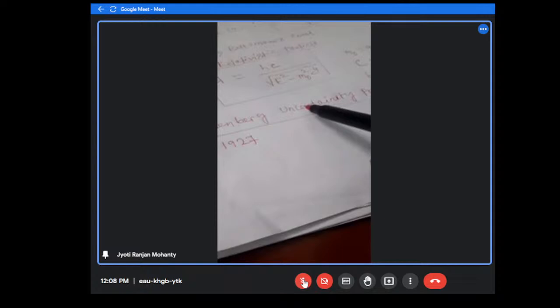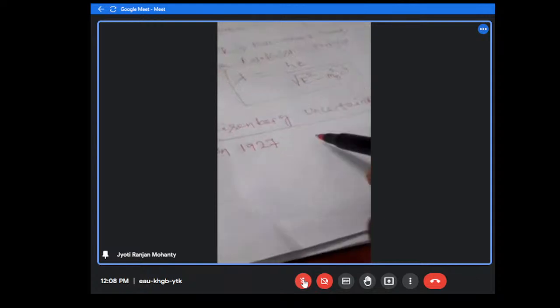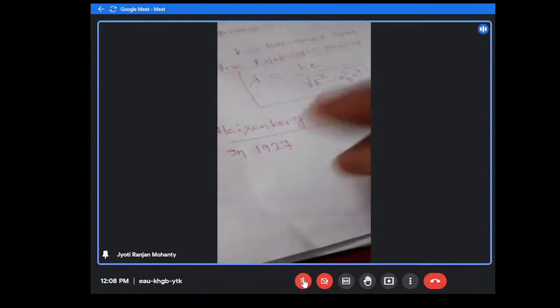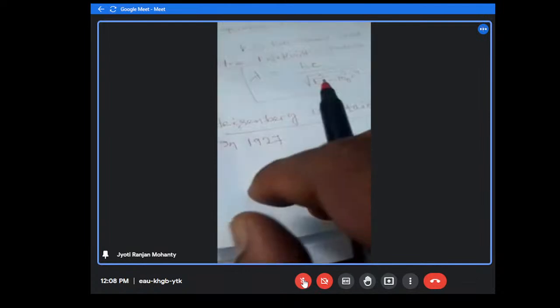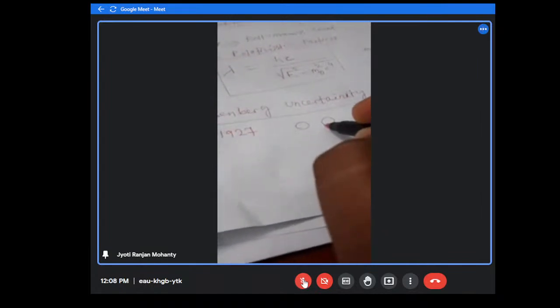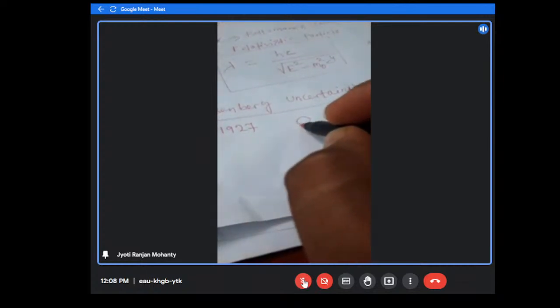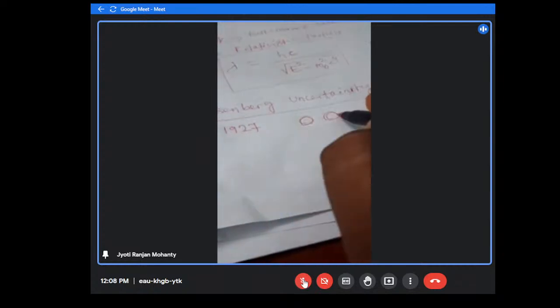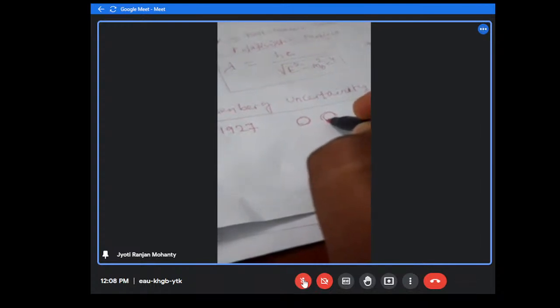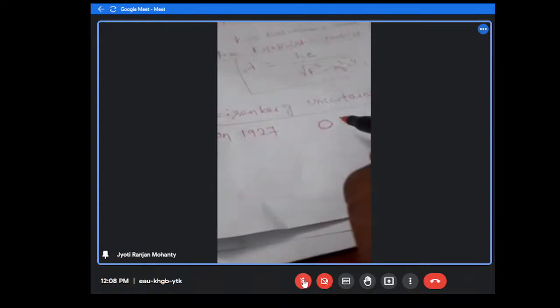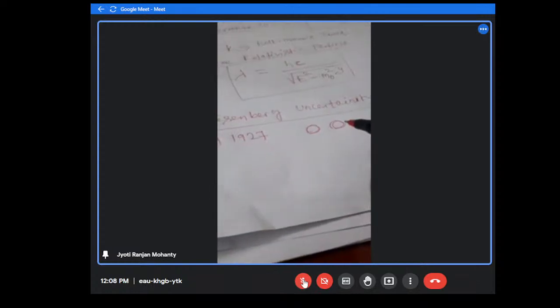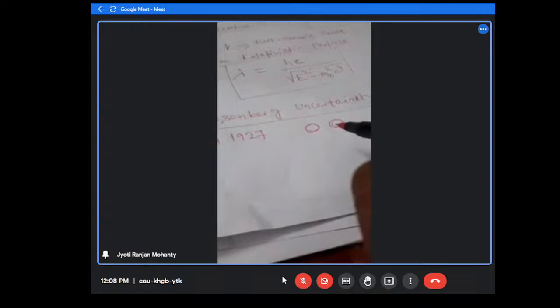That means simultaneously one cannot measure both position and momentum at a time. If you do this, one value gives you correct, another will be incorrect. So this is the principle of Heisenberg. Understood? Yes, sir. Okay.